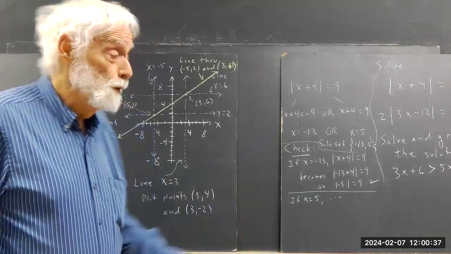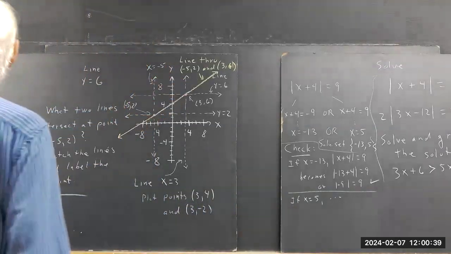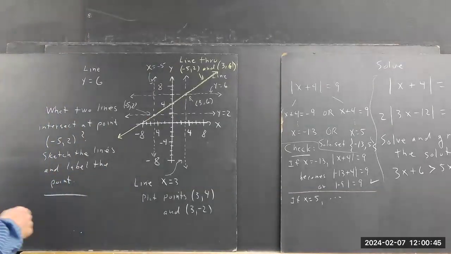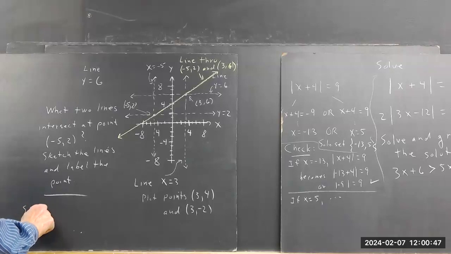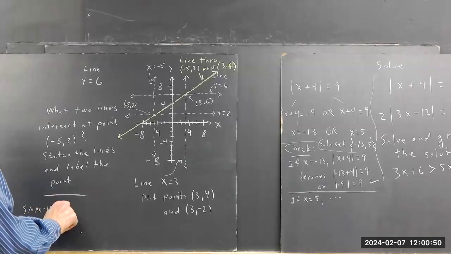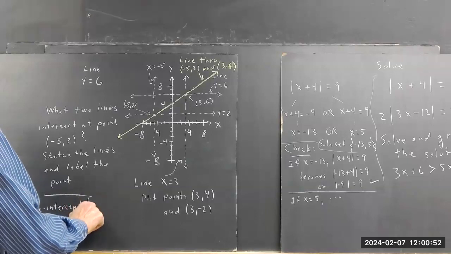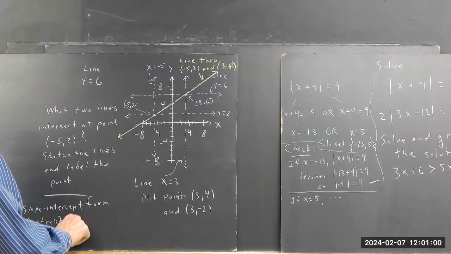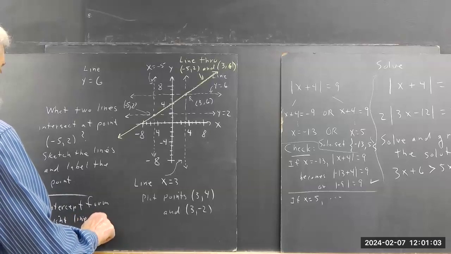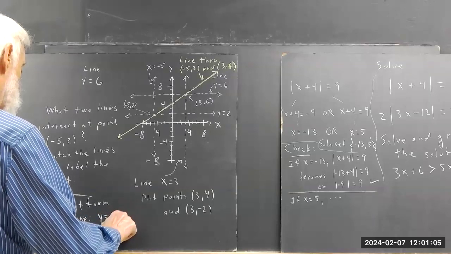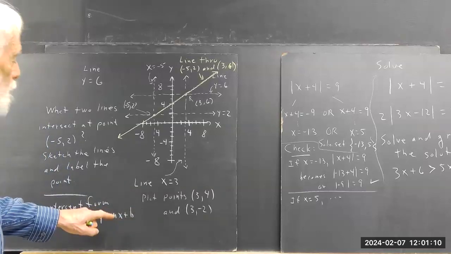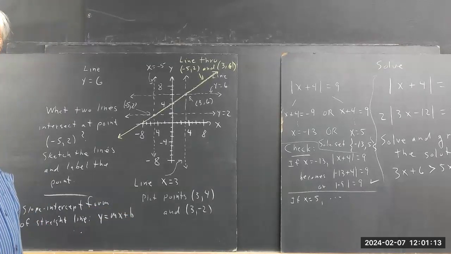Yeah, that's a good word, because we're looking for the slope-intercept form of this line, which incidentally is, I'll write it down here: y equals mx plus b, where m is the slope and b is the y-intercept.